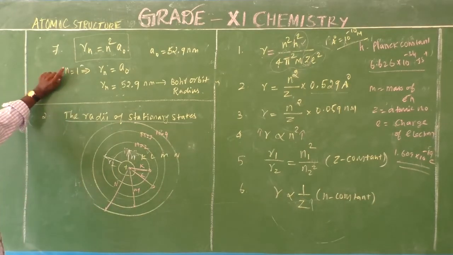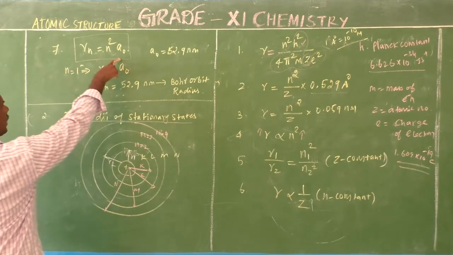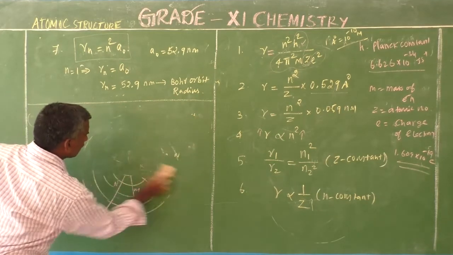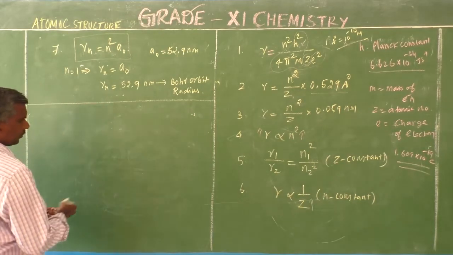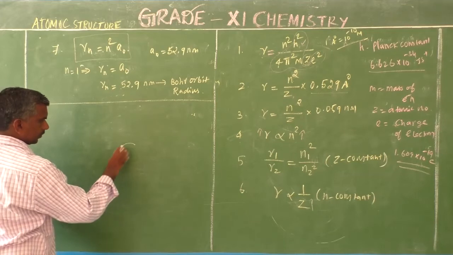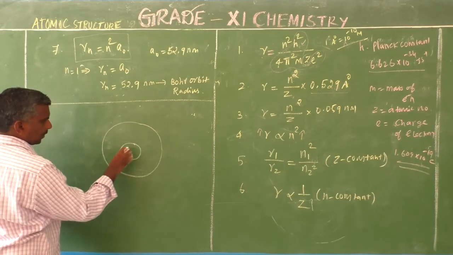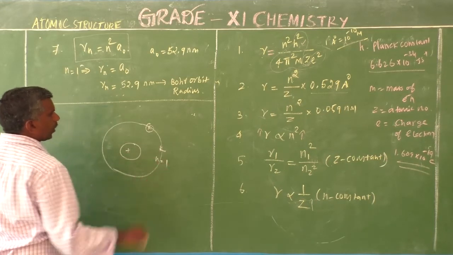In the NCERT textbook, the formula is Rn is equal to n squared a0. We are dealing with hydrogen. For the positive K cell, n is equal to 1.